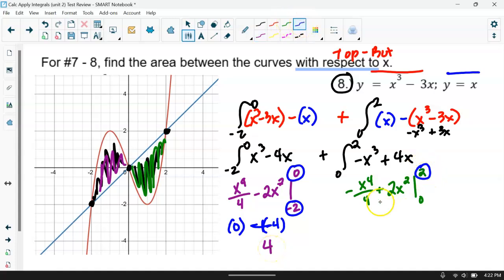We're going to substitute 2 in now first, right? So 2, you end up with 4 minus, when you substitute 0, you get 0. So notice now the area of our other section here is also 4. Combine the two sections together to make it a total area of 8.